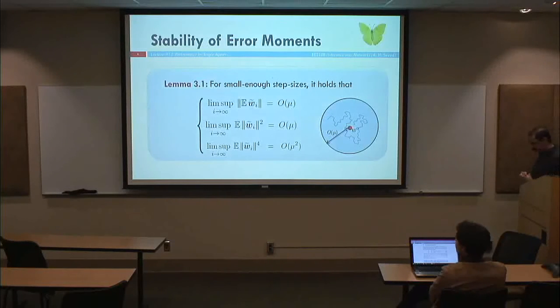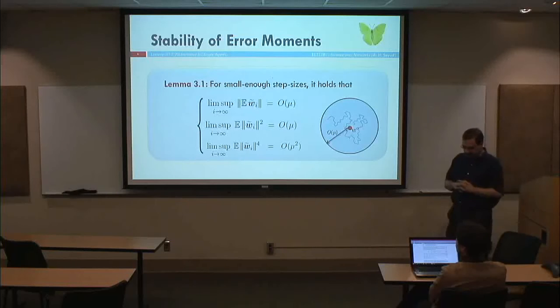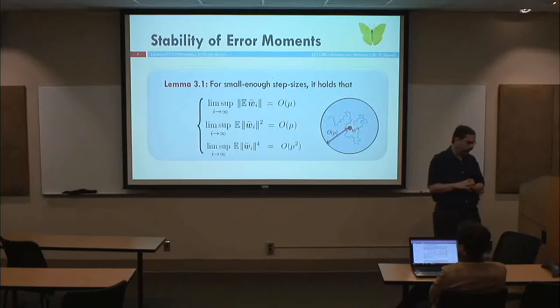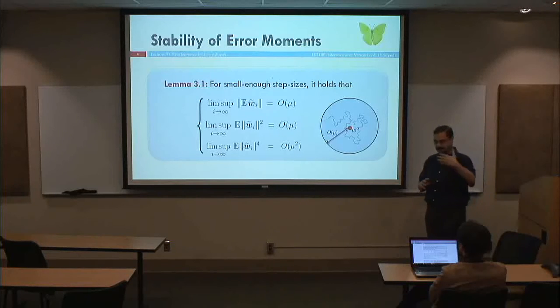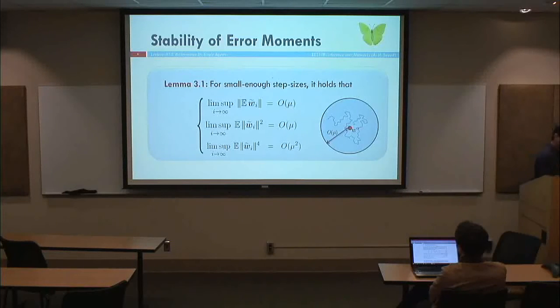And what we showed 2 lectures ago is that under certain conditions on the gradient noise, we introduced certain bounds on the second order moment and the fourth order moment of the gradient noise process. These were bounds on quantities of this type, if you remember. This is the second order moment conditioned on past information.